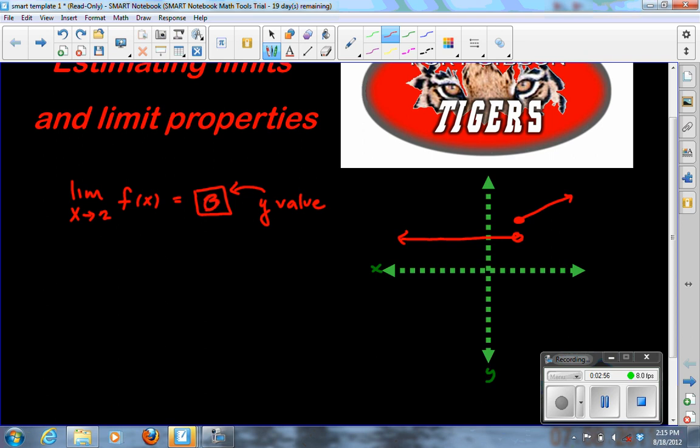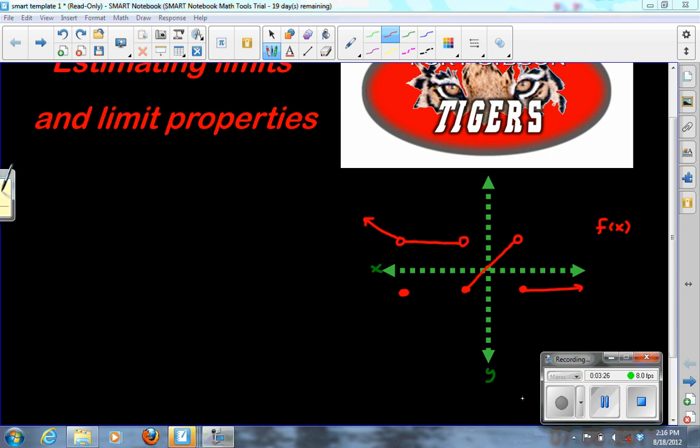We would say no solution or does not exist if from this side I approach 3, and from this side it looks like I'm approaching a y value of like 4, 4.5, something like that. So it doesn't matter if you are connected, but if you're disconnected, the y value will not approach the same number, and therefore the limit will not exist.